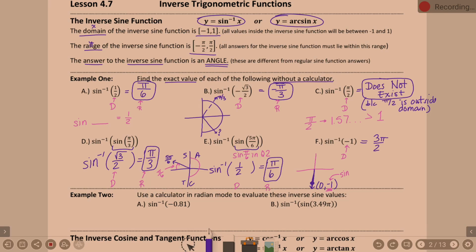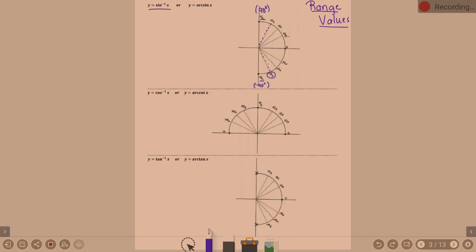No. So we have to give a different answer. Think about this, guys. I'm going to flip to the back of your notes to that range chart. Where is 3 pi over 2? 3 pi over 2 is here, yes? What's another name for 3 pi over 2?